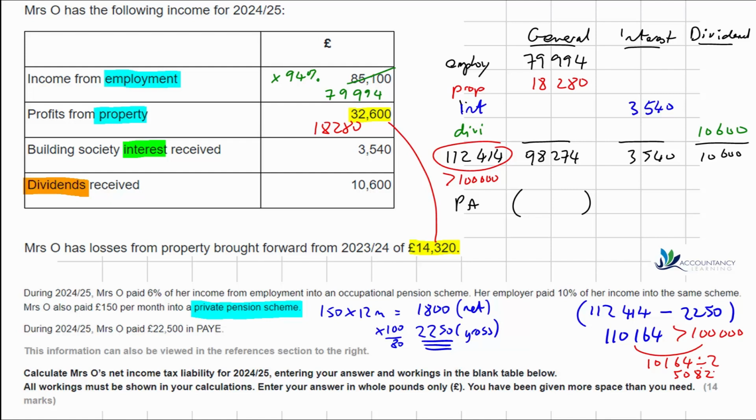£5,082. So originally our personal allowance was 12,570, but when we take away the 5,082, it means our remaining personal allowance is 7,488.